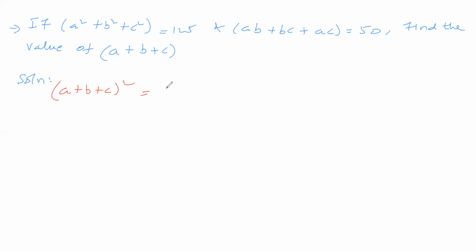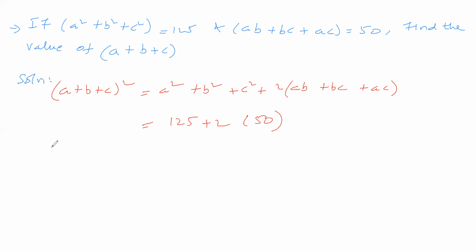In this expression, first you square this one, then this one, then this one, then take 2 outside, multiply a and b, then b and c, then c and a. We'll get like this. Now we know a square plus b square plus c square is 125, plus 2 into ab plus bc plus ac, which is 50.